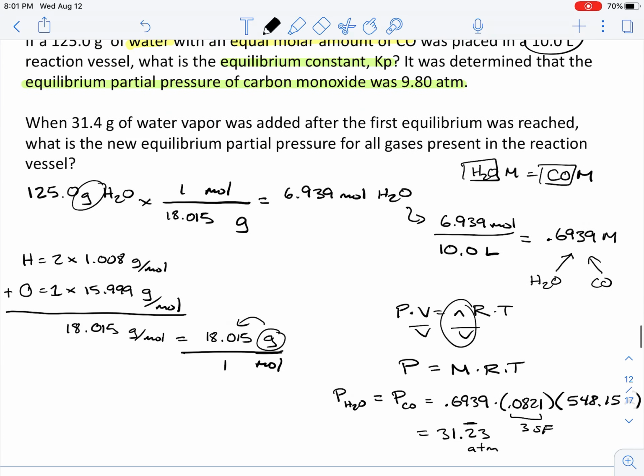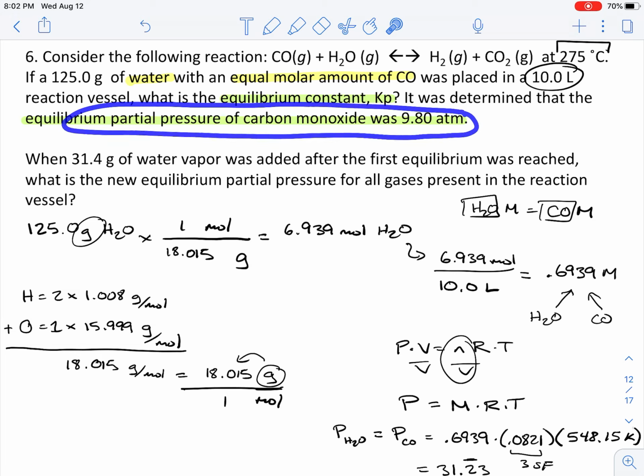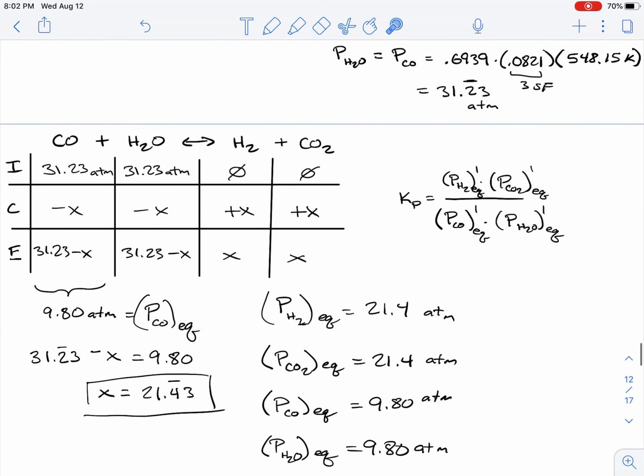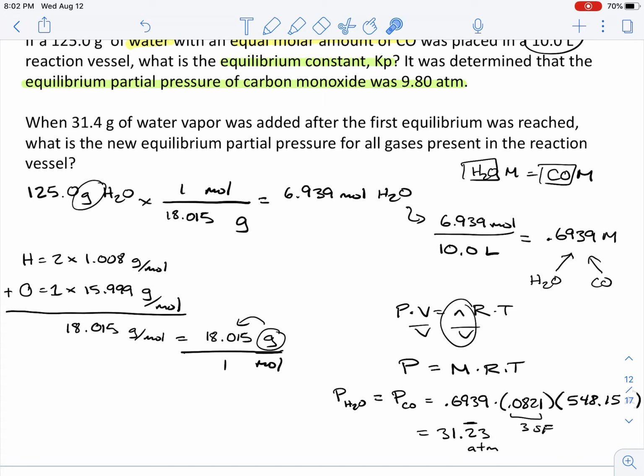It's very, very similar to what we did in the 5th example, where we utilized the equilibrium concentration or partial pressure of one of the substances to figure out the value of x. The only difference in the technique that we used here in this example is being able to convert concentration into partial pressure.